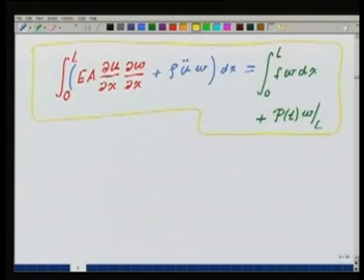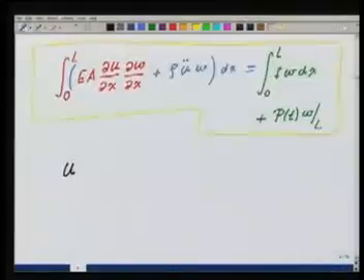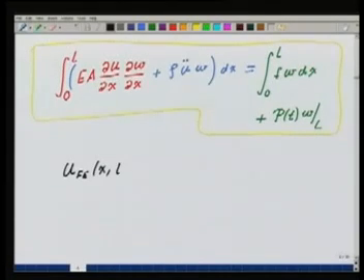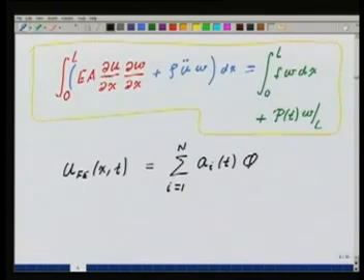Corresponding to this problem, now we go ahead and do our approximation. How will we do the approximation? By again using the variation of parameters, that is u finite element as a function of x and t will be equal to the sum of I equal to 1 to n of coefficients ai, which now become functions of t, into phi i of x.